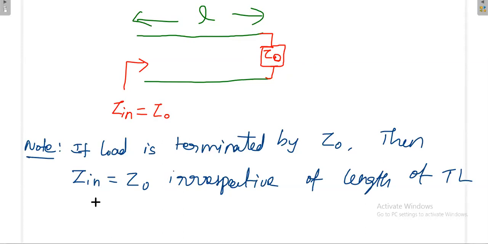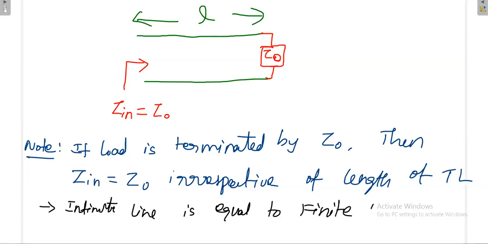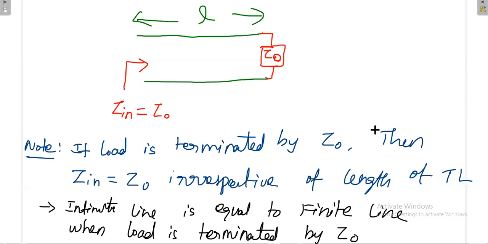So finally, an infinite line is equal to a finite line when the load is terminated by Z0, because both characteristics look the same.